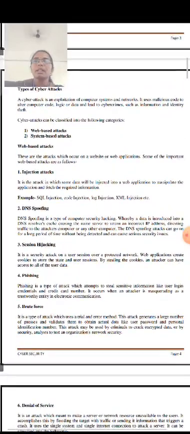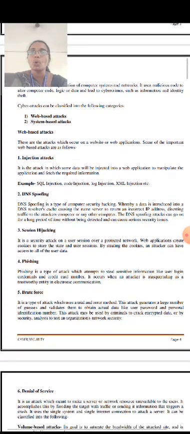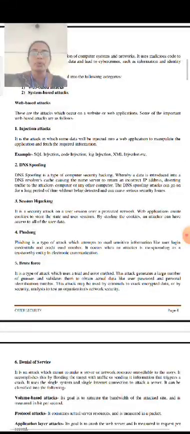One is injection attacks. An injection attack is an attack in which some data is injected into a web application to manipulate the application and fetch the required information. Examples are SQL injection, code injection, log injection, XML injection, etc. Next one is DNS spoofing.